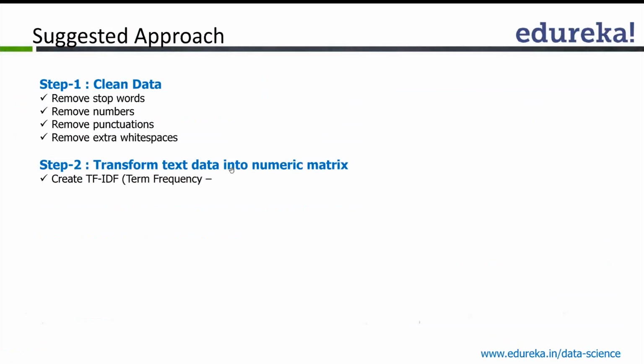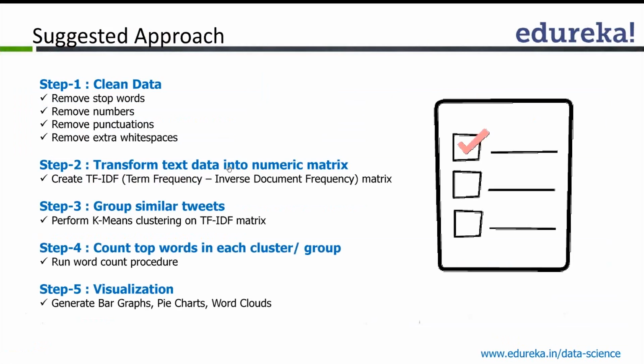In order to do that, there are a bunch of steps you can go through: clean the data, which we have already done, transform text into a numeric matrix, which is TF-IDF vectors, and then group similar tweets by clustering and stuff like that, okay?